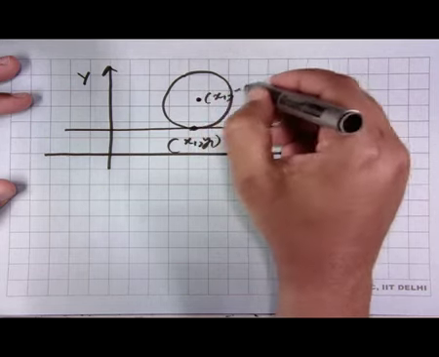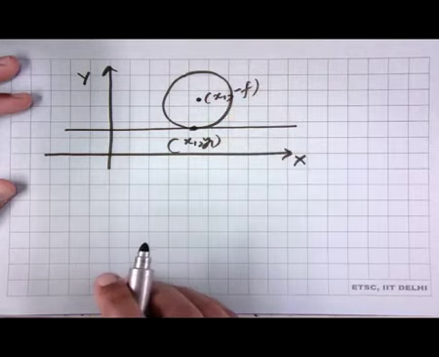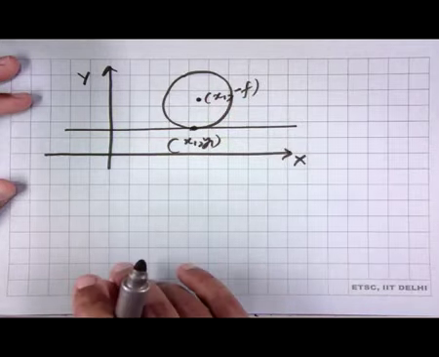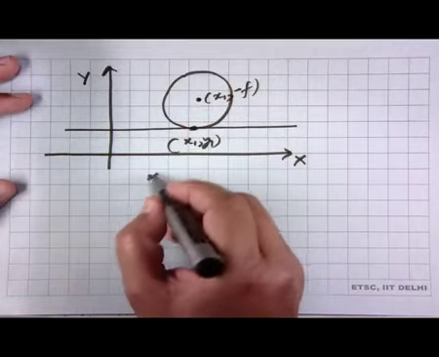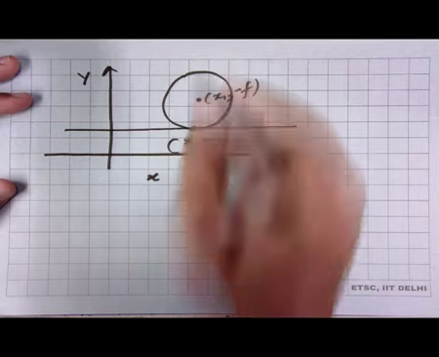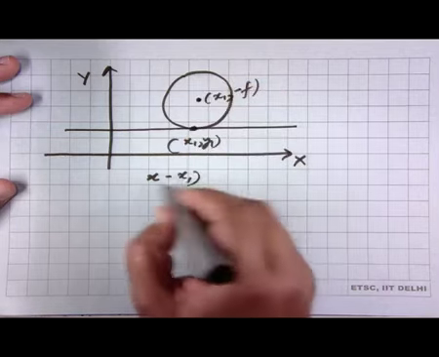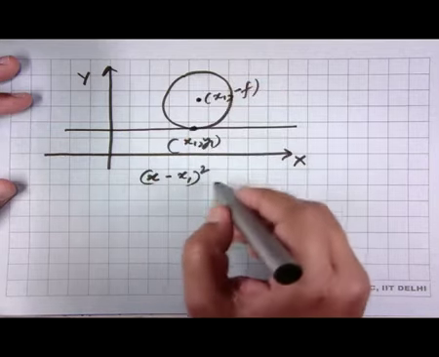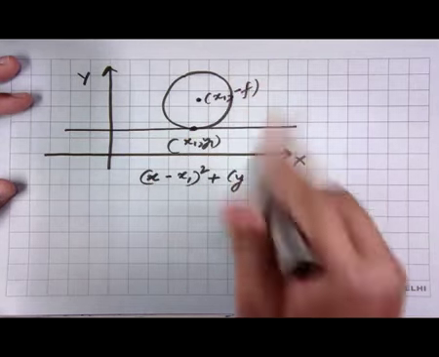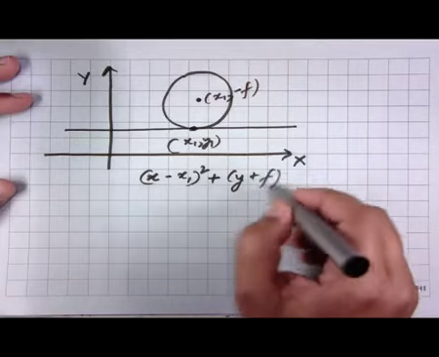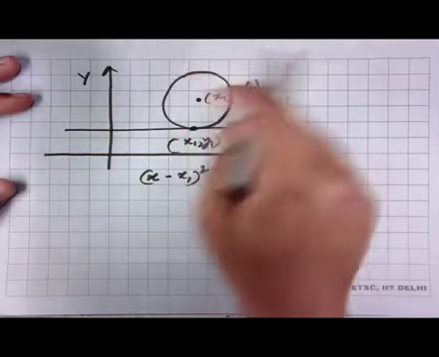Let us say the y coordinate is minus f, and then in a similar manner we can write that the equation of this circle will be x minus x1 whole square plus y minus f, which is y plus f whole square is equal to the squared radius.